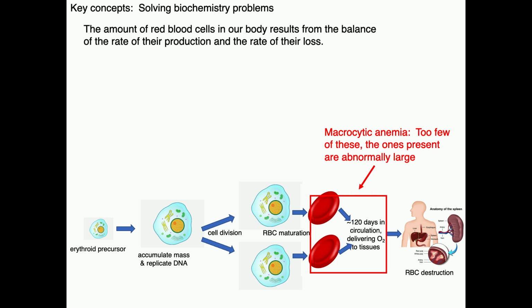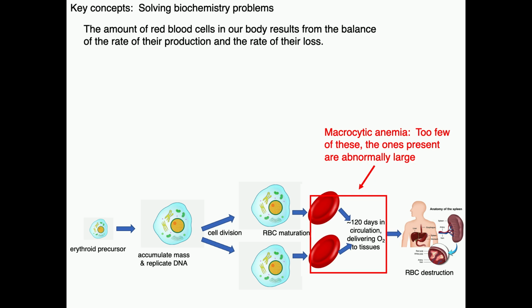The cell cycle and accumulation of mass in normal development of erythroid precursor cells are tightly coupled. They get to be so big, and as they're getting so big, they're replicating their genome into four copies of each chromosome, and then they physically divide into two daughter cells of appropriate size.